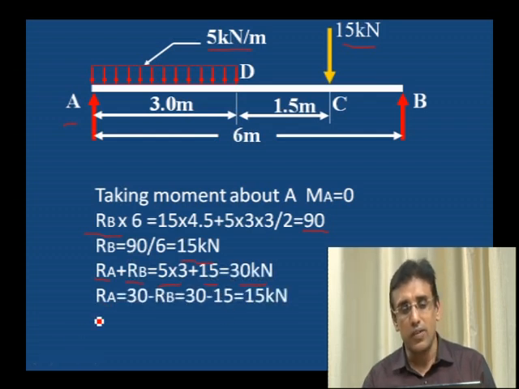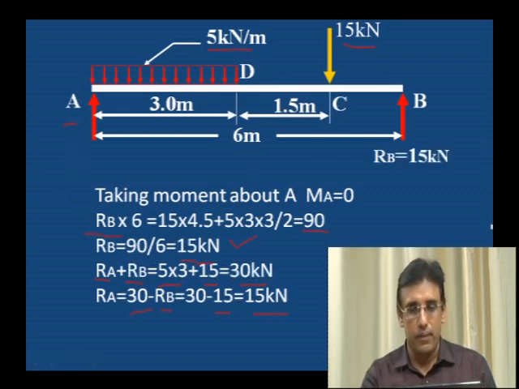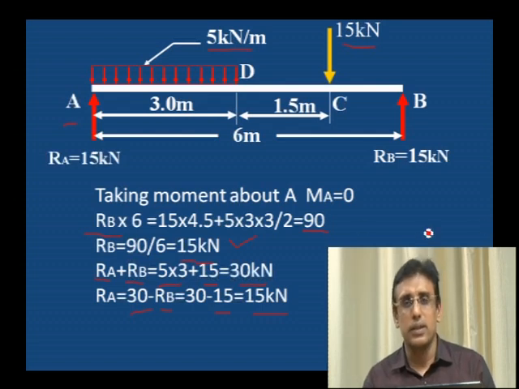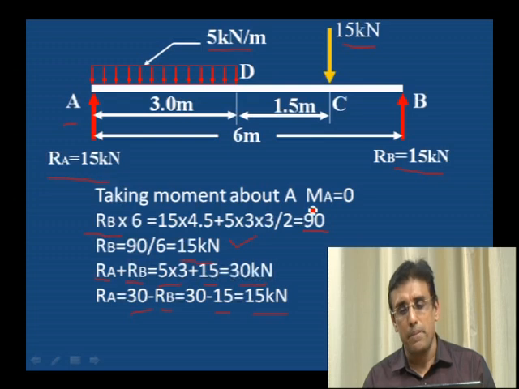Therefore, RA is equal to 30 minus RB. RB we already have as 15 kilonewton. If we subtract from 30, we get 15 kilonewton as RA. Therefore, RA is equal to 15 kilonewton, RB also 15 kilonewton. These are the values of the support reactions at A and B.